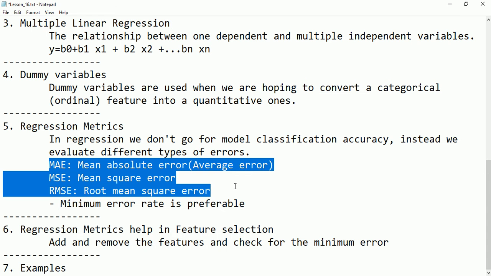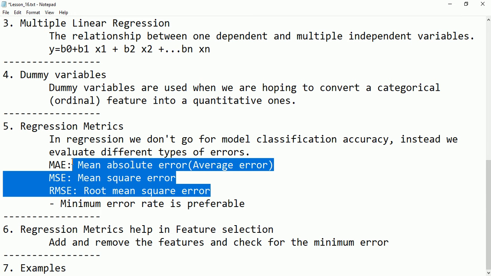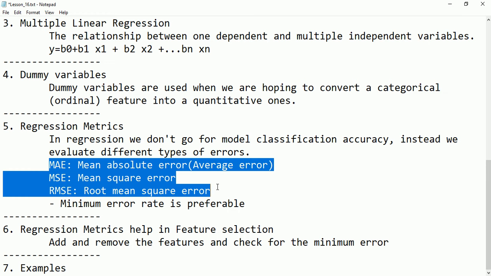Here we are not going to calculate the accuracy of the model, where the higher the accuracy percentage, the more preferable the model, and a model with lower accuracy is neglected. Instead, we have to calculate different types of errors in regression models.